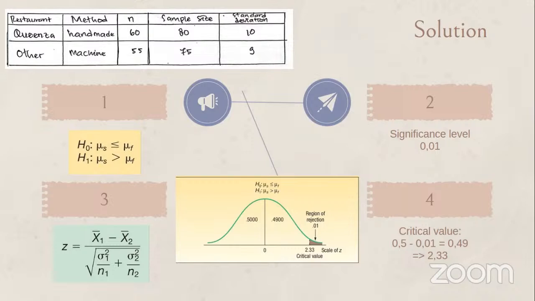And for the critical value, it is 0.5 minus the significance level 0.01, that is 0.49. So the z value we got is 2.33.